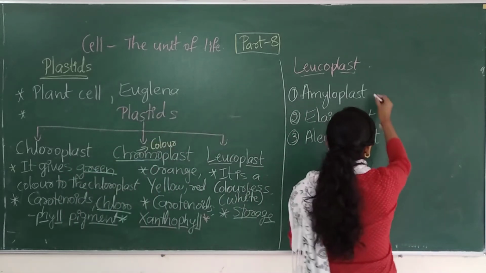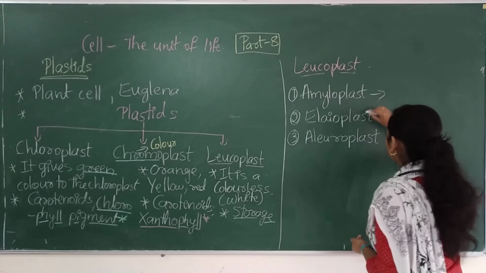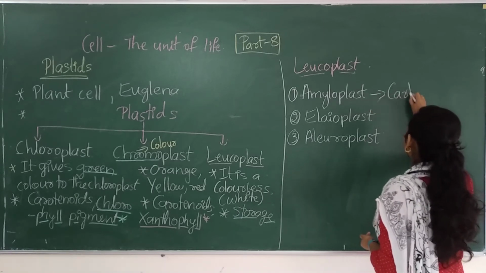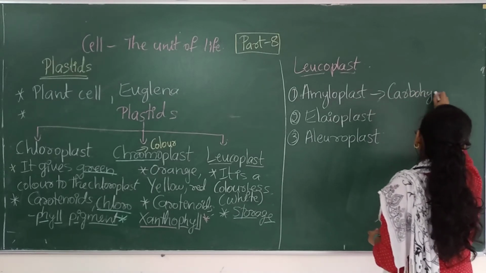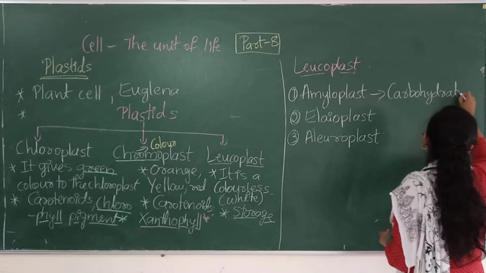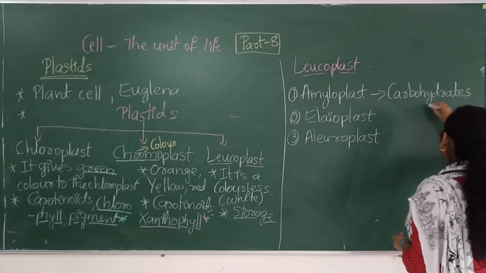Amyloplasts are mainly helpful in storage of carbohydrates, more specifically starch.